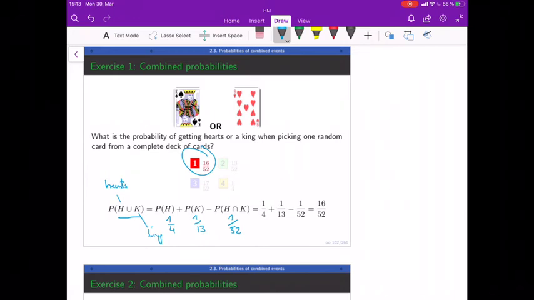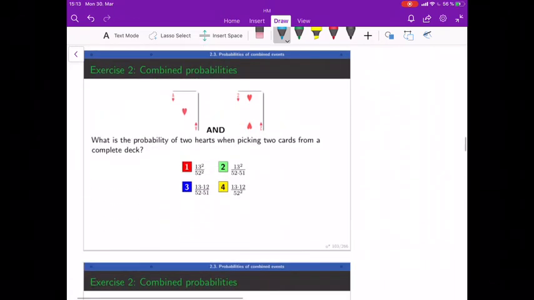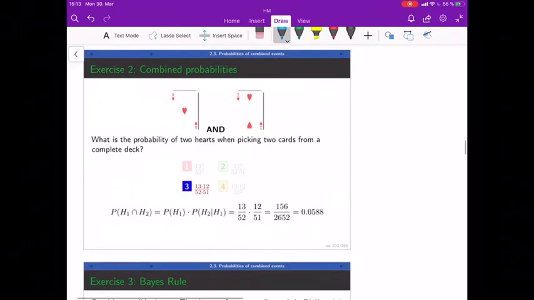Okay, second example. What is the probability of 2 hearts when picking 2 cards from the complete deck? Exactly, this one here.